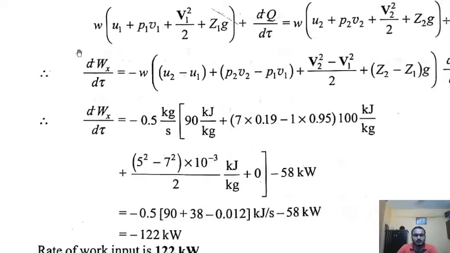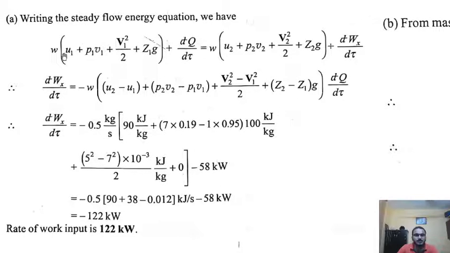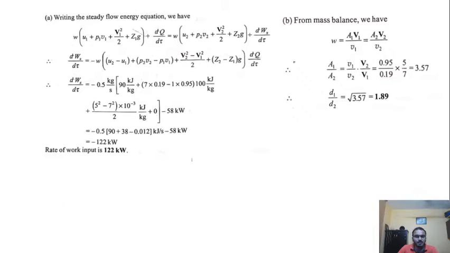So first we will begin with the steady flow energy equation that we have applied over here. This is the entire steady flow energy equation, and our objective is to evaluate this portion. So we have made it the subject of this equation, and the remaining things are taken outside.